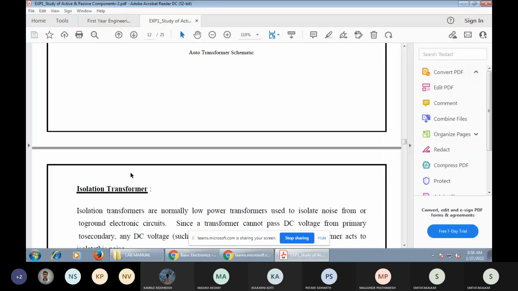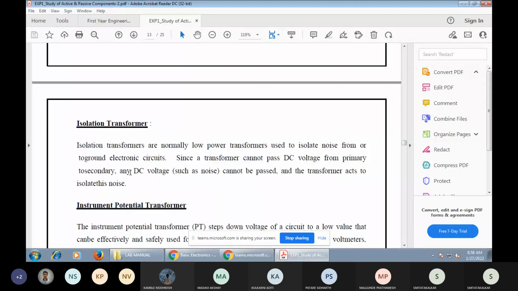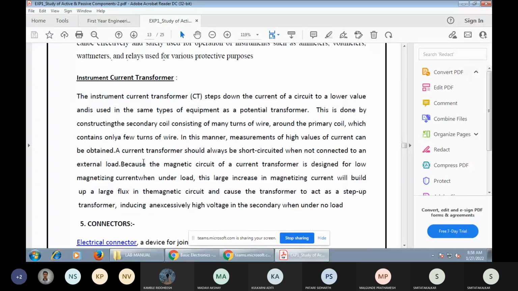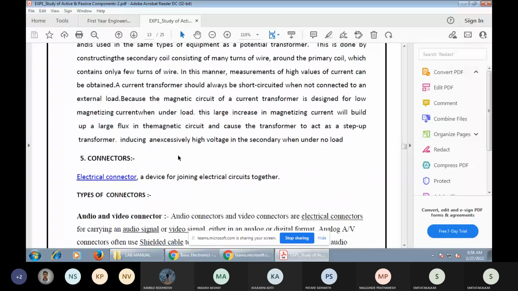Then isolation transformer, instrument potential transformer, instrument current transformer, all are types, but mostly in electronics as well as electrical circuits only the step down transformer is used. In applications like radio frequency or radar, you can use the step up transformer.